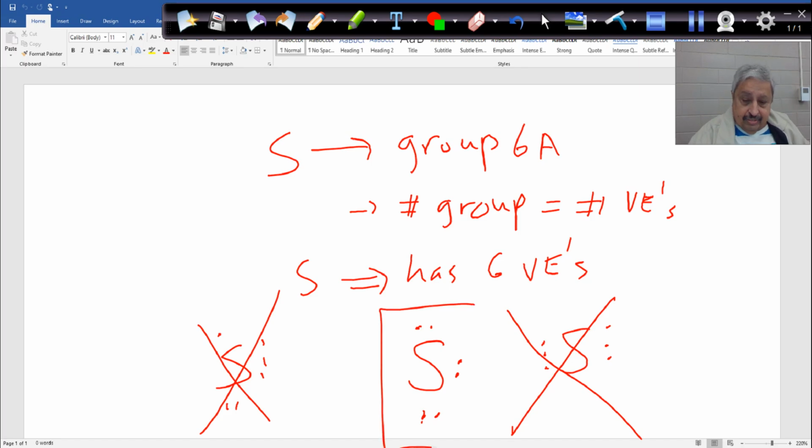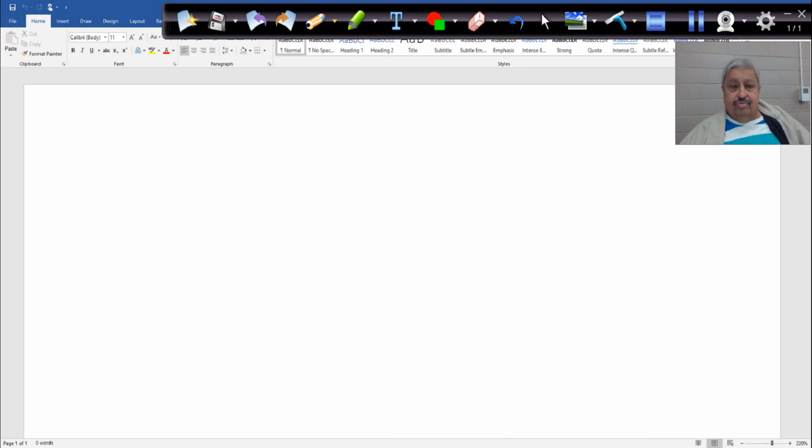Why is this one the only one correct and all the others not correct? So there are two rules controlling the way those valence electrons are represented as dots on the element. Everybody has them? Okay, so let's take those two rules and then talk about those two rules.